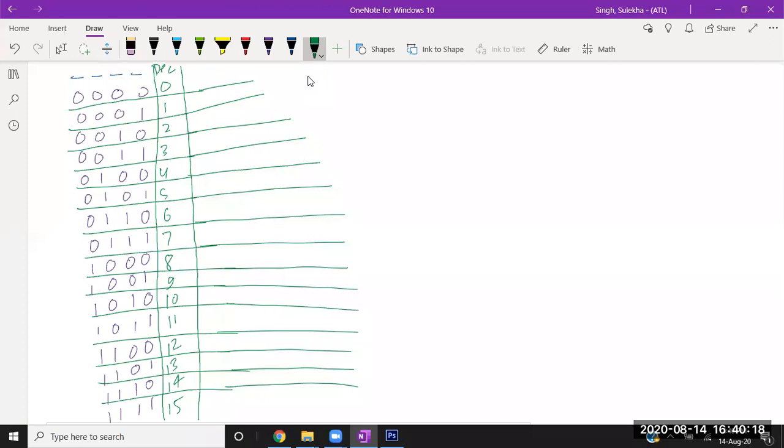But suppose you have only 4 bits for designing your number system, and you have both positive and negative numbers. If you talk about positive numbers only, you can design the whole system so that these 4 bits represent a number from 0 to 15.